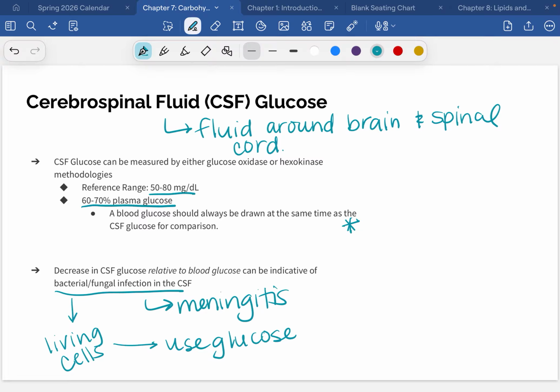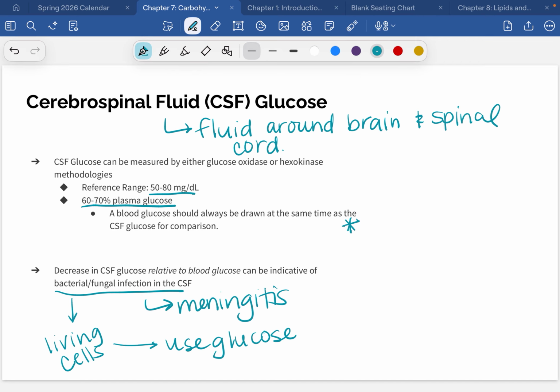So if somebody has bacteria or yeast, a fungus, growing inside their cerebral spinal fluid, what will happen is that the bacteria and/or fungus will literally eat the glucose out of their brain fluid, out of their CSF.